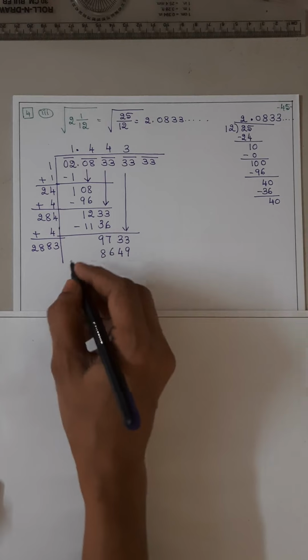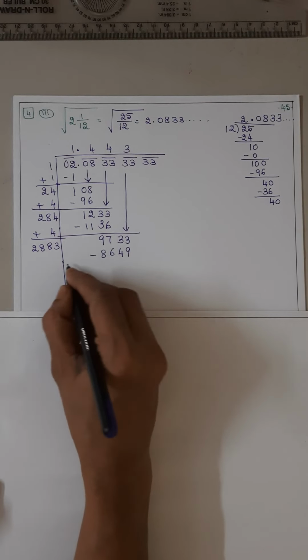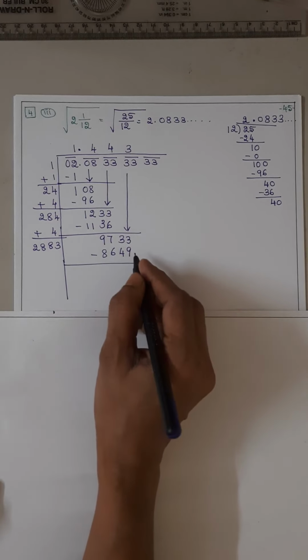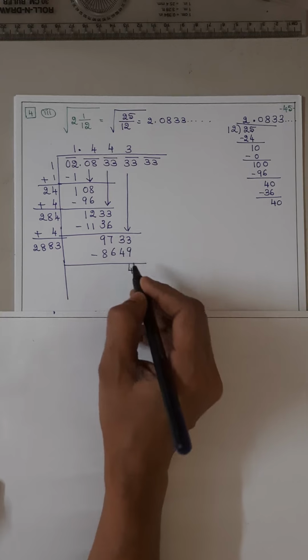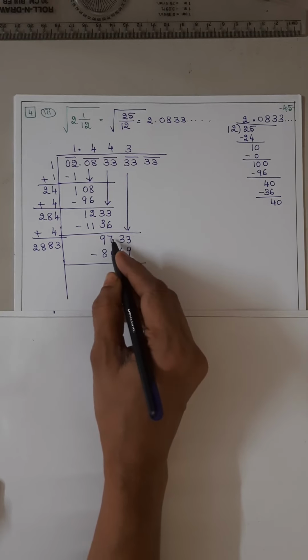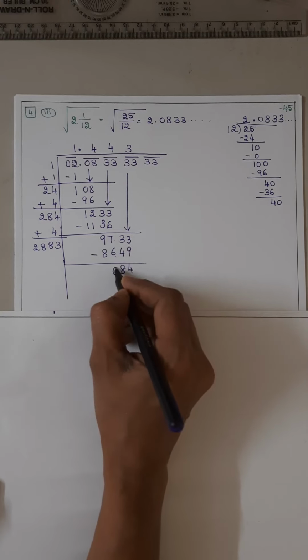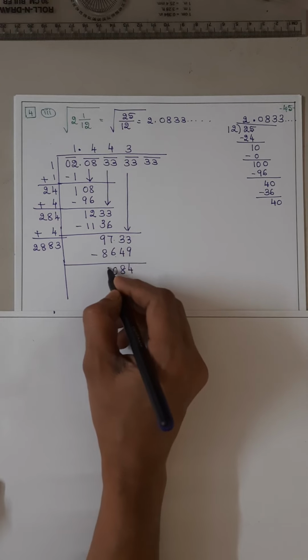So 8, 6, 4, 9. Now 13 minus 9 is 4. Now 12 minus 4, 8. Here 6 minus 6, 0. 9 minus 8, 1.